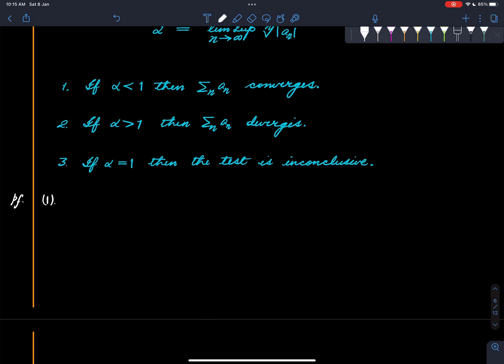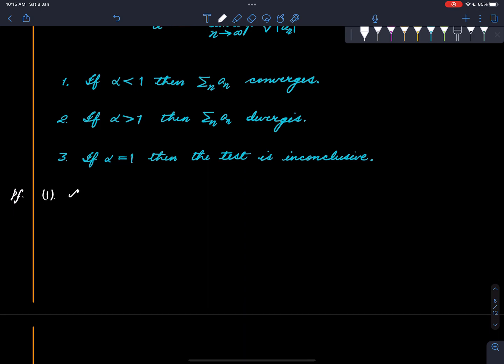Proof of 1. So we have alpha less than 1. Then if we unravel the definition of lim sup, let beta be such that alpha is less than beta is less than 1.